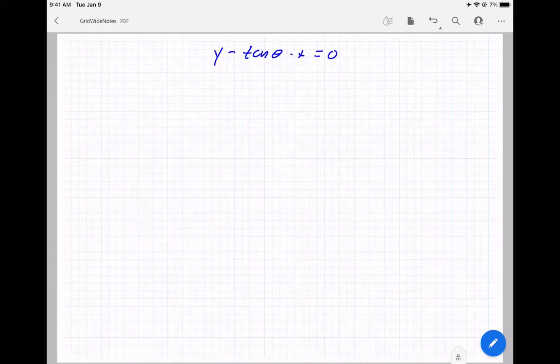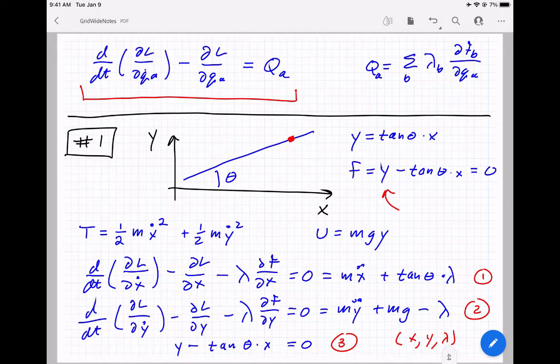But if we look back, my other 2 equations actually have the double dot. They have this double time derivative on it, whereas my third equation doesn't. At first that might seem like a problem because I've got 2 equations that are second order time derivatives and the third equation isn't.